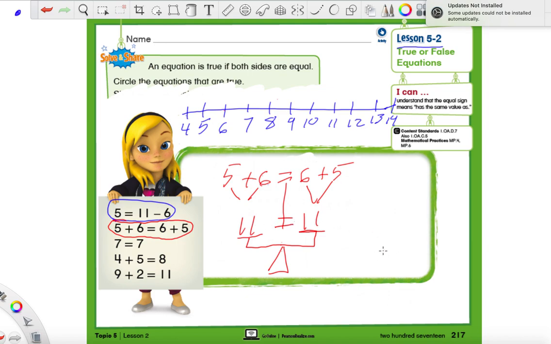But if they're not the same, then it won't be balanced, right? And you might have something that looks kind of like this. Like if we had 15 and 10, right? They would not be balanced on a scale, so they won't be even. They won't be the same thing. But 11 and 11, they're perfectly balanced, so they are equal.